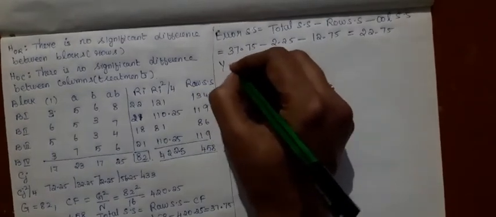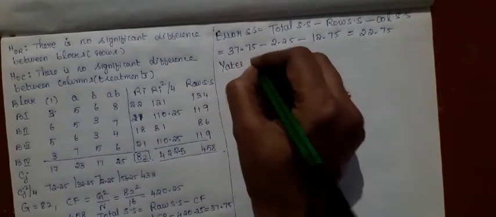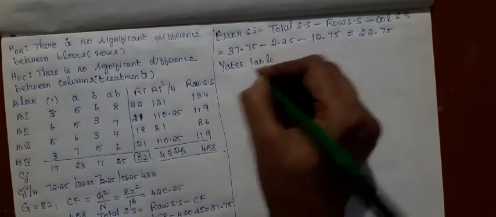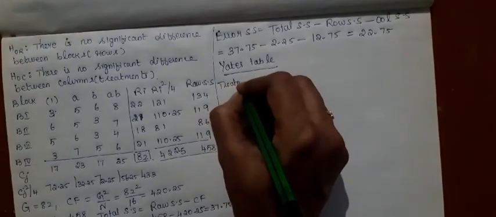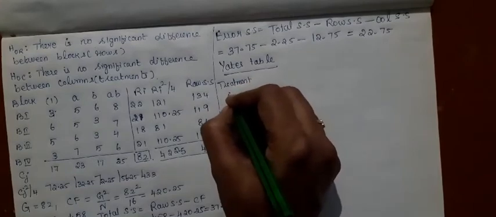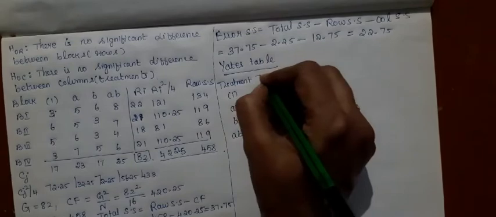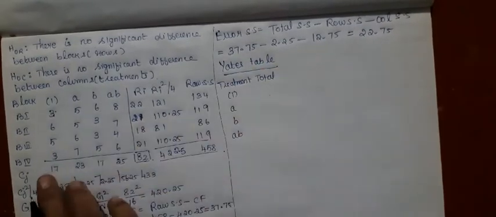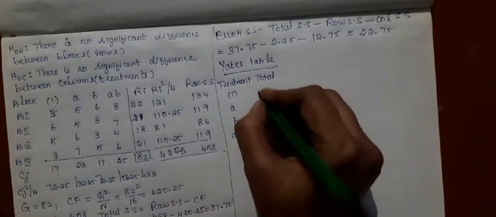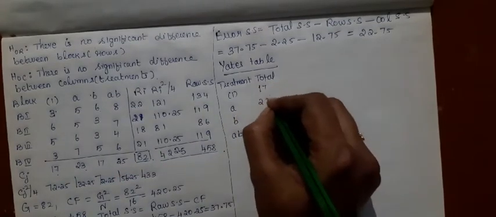So we need the effect of individual treatment combinations, for which we go for 8th table. So in 8th table you write the treatment in the first column, then the total for each treatment, which is actually in the first table. For 1 it is 17, for 2 it is 23. Write the totals here.